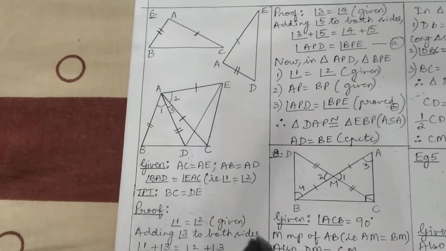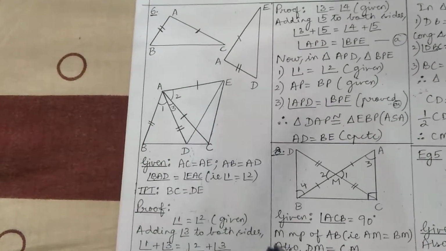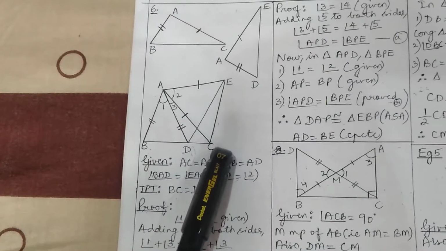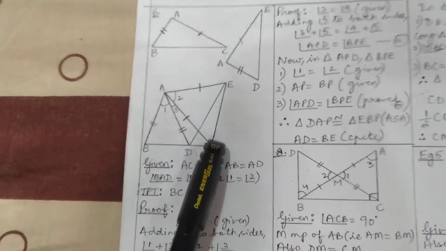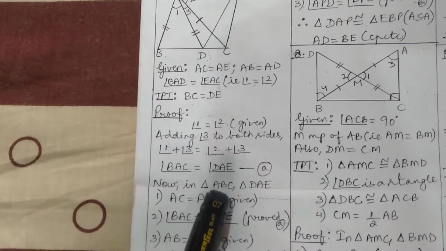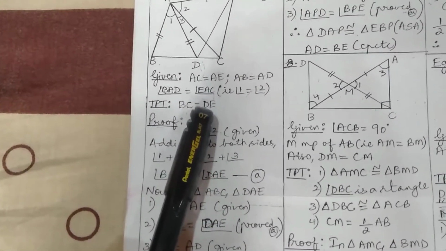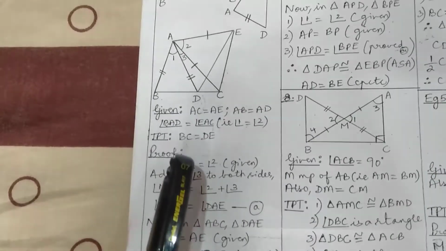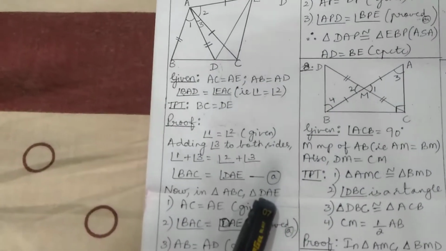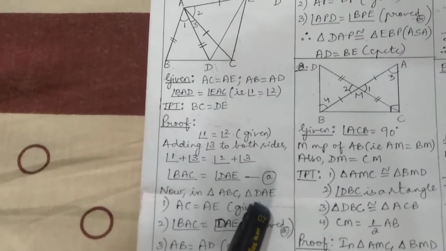So let's first identify the triangles which we have to take up. BC is a side of triangle ABC. So let's take up triangle ABC. And DE is a side of triangle ADE. So let's take up the triangle ADE, or you can call it DAE, whatever.